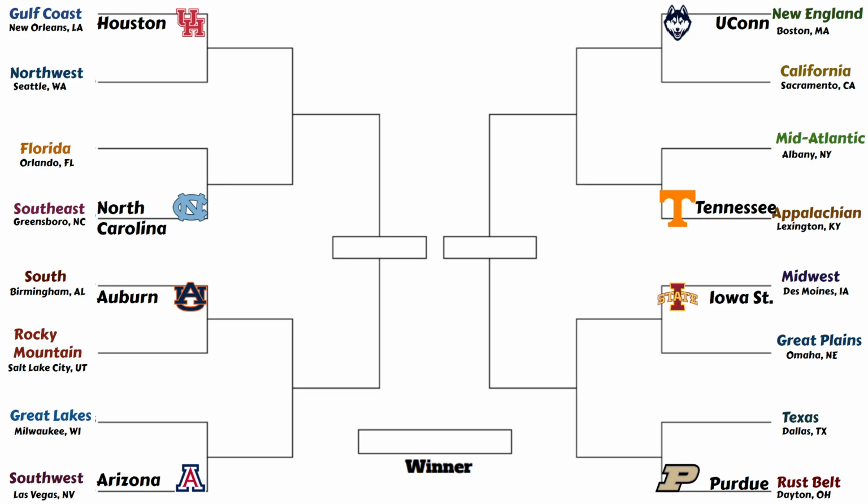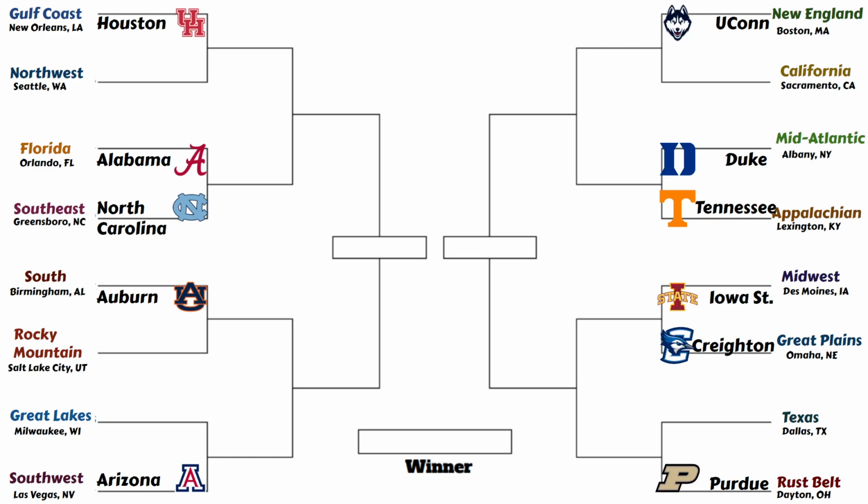In the Southeast region, we have the North Carolina Tar Heels hosting and as a number one seed. Alabama is then going to be in the Florida region. Alabama Crimson Tide, another number one seed. Another number one seed, the Duke Blue Devils, going to be in the Mid-Atlantic region.